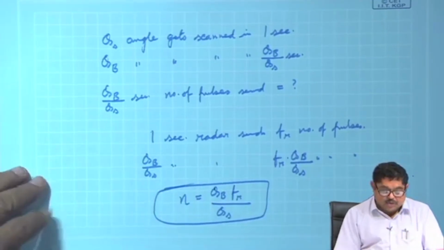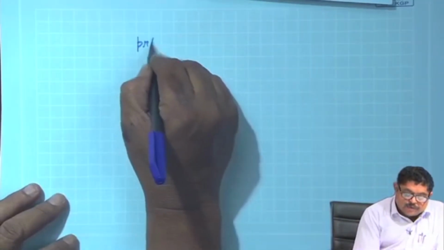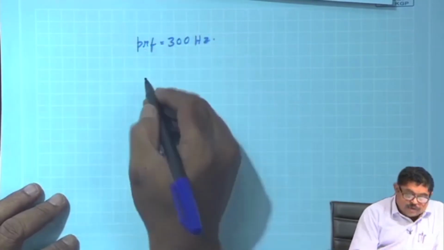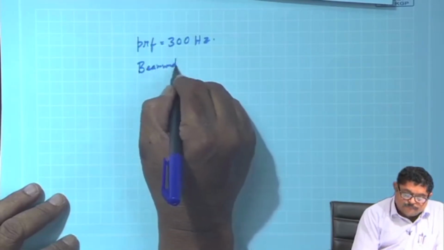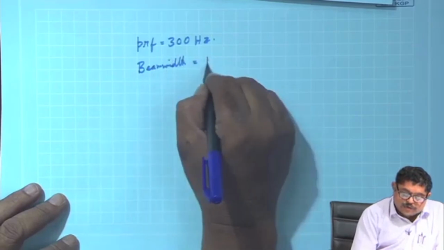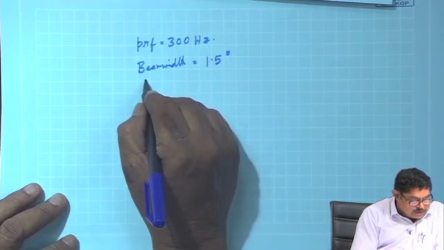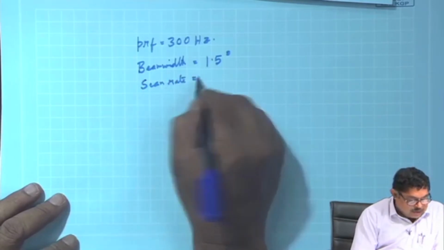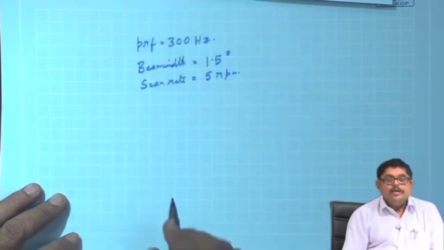So, to understand, suppose I give you some numbers. Let us say the PRF of a radar is 300 hertz, the beam width is 1.5 degree and the scan rate is 5 RPM. So, you can calculate.